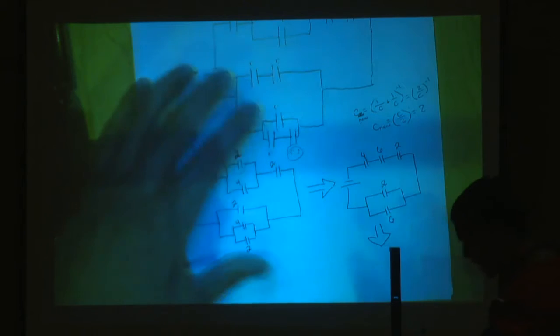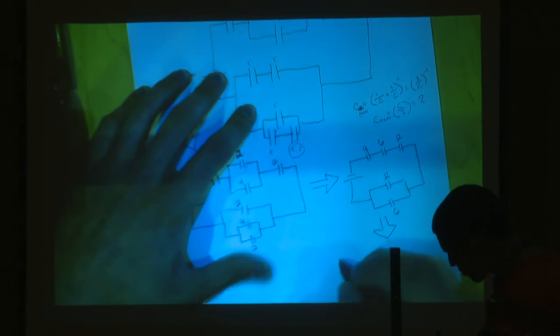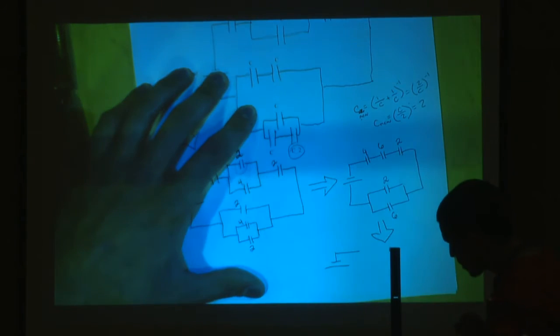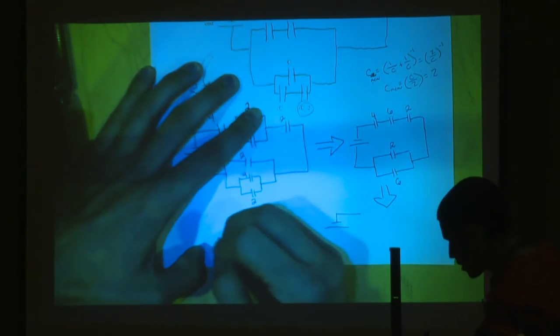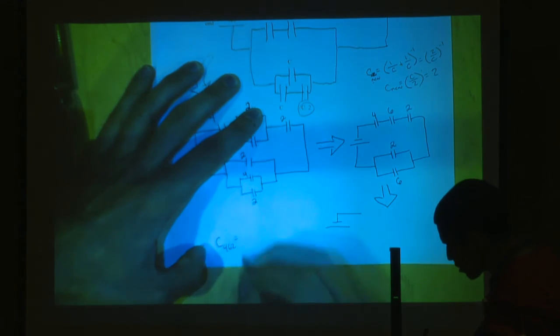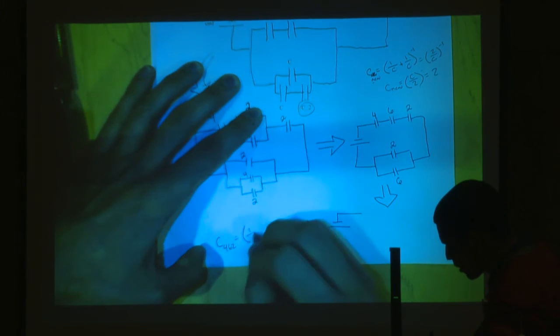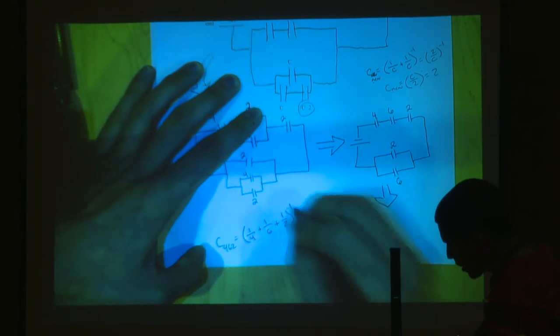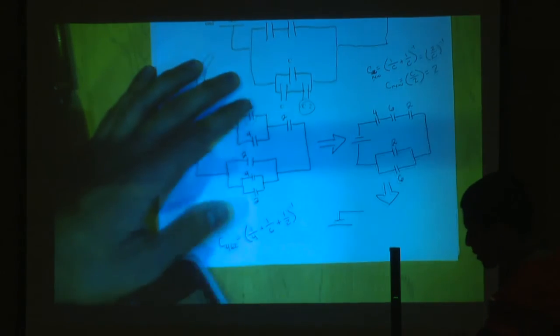So then let's simplify this again. Okay, so we'll have our final, not our final circuit, sorry to get your hopes up. We'll have to find the equivalence of these 3. Okay, so our C of 4, 6, and 2 is going to be 1 over 4 plus 1 over 6 plus 1 over 2 inversed. Okay, I'm just going to plug this into my calculator because I have one of those.